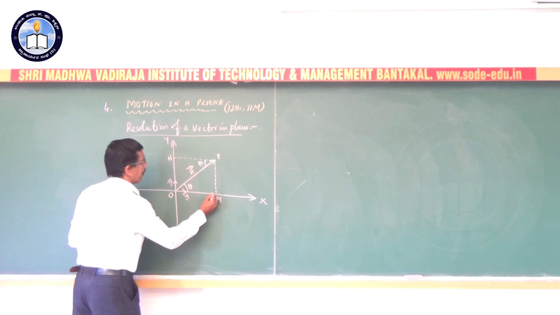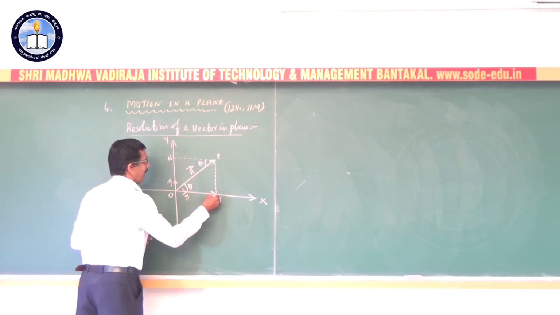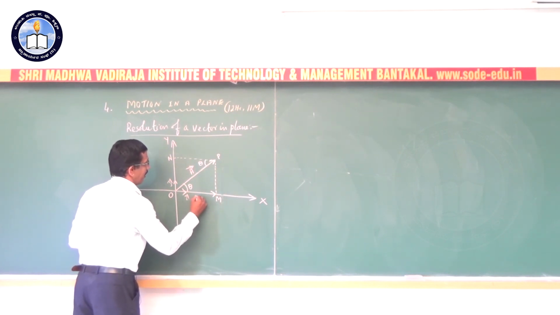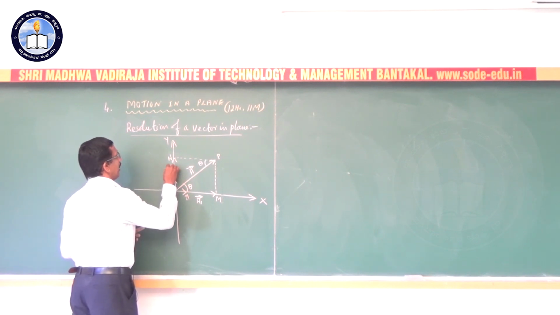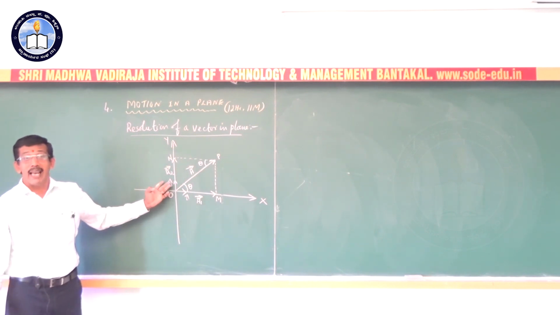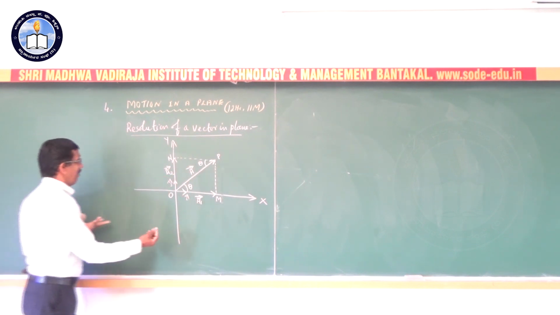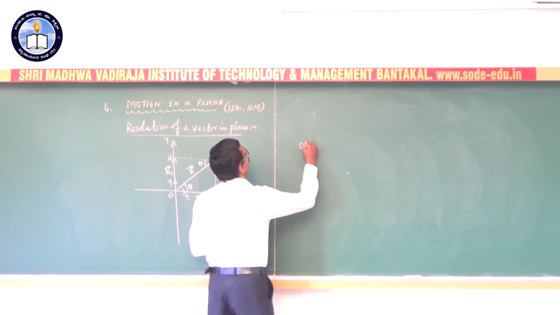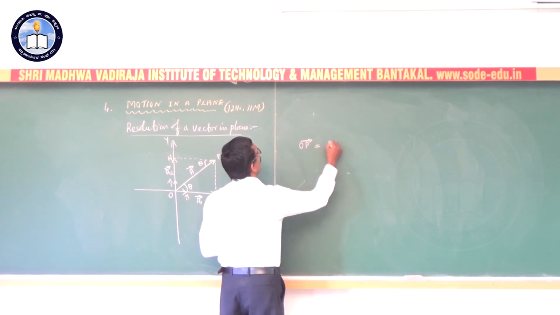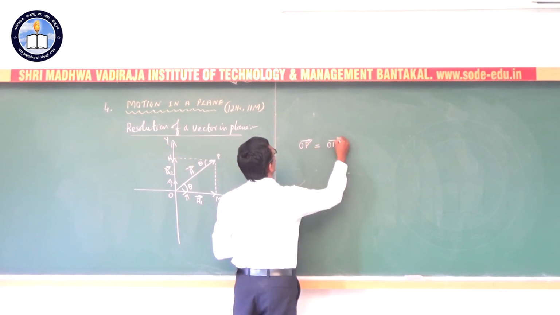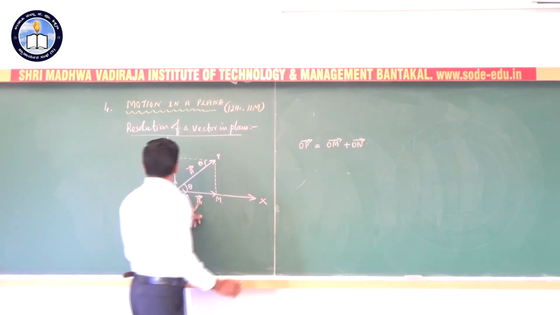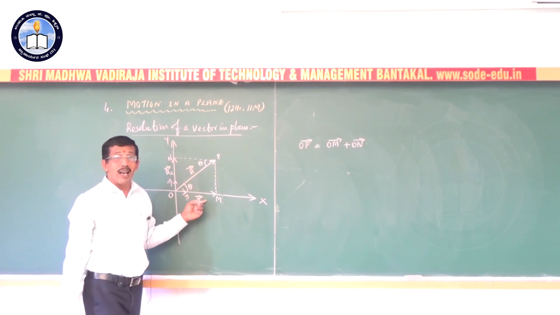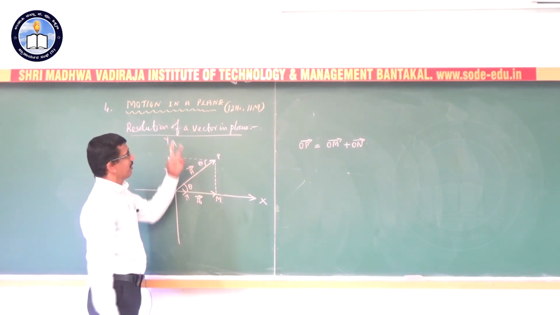Clearly, if I represent OM as a vector A1 and ON as a vector A2, clearly from the parallelogram law of vector addition already we know vector OP is equal to vector OM plus vector ON, because here OM and ON are along positive x and positive y axis.